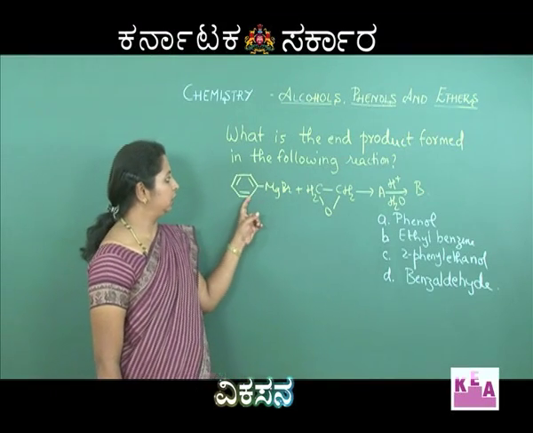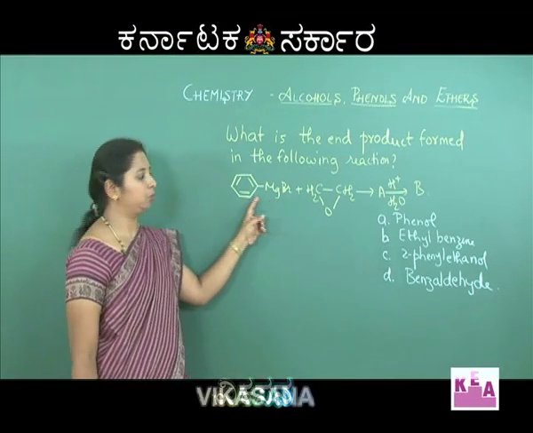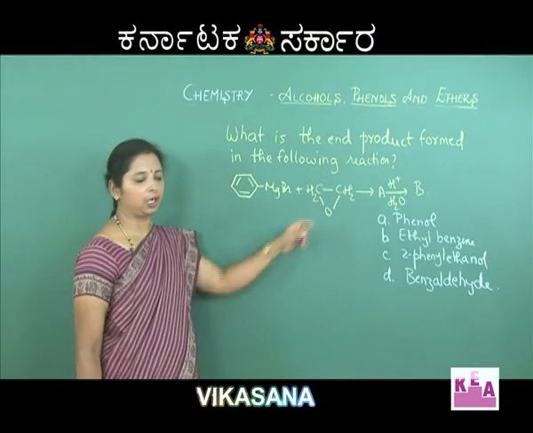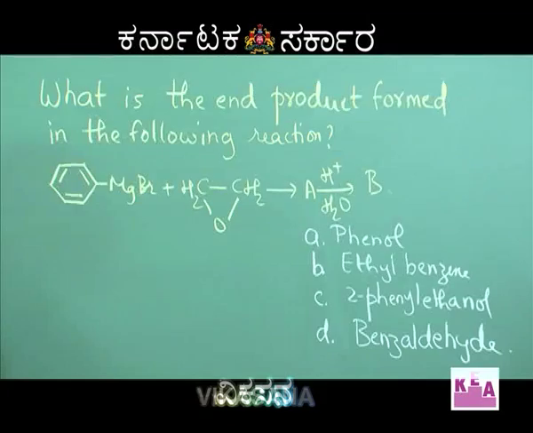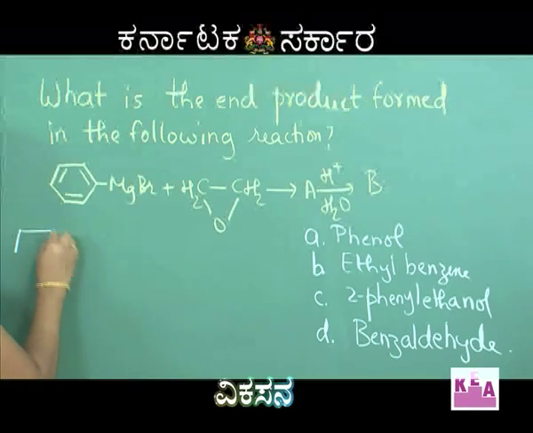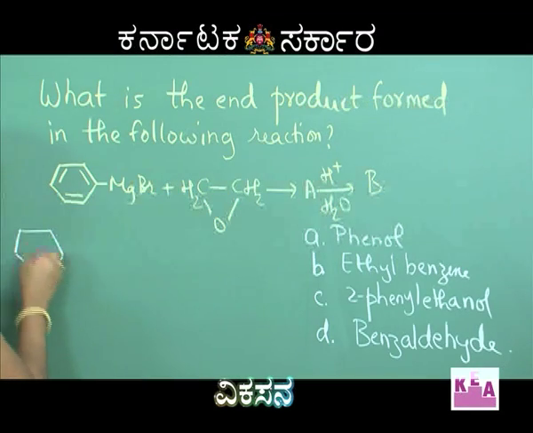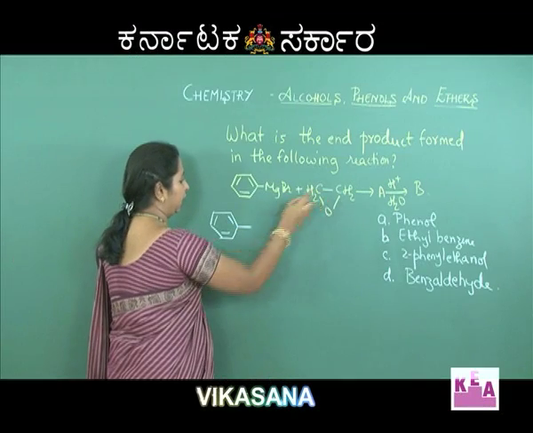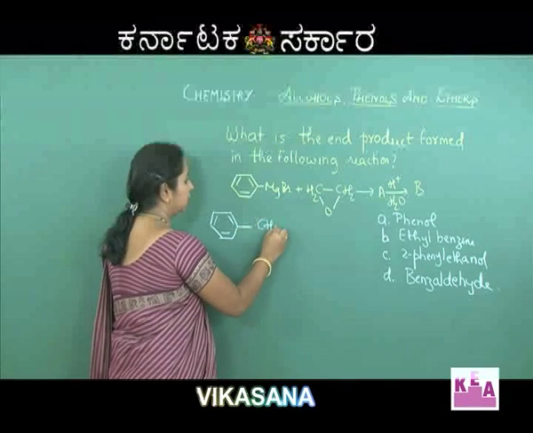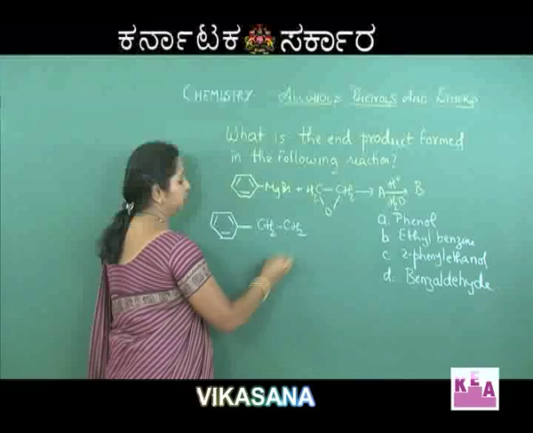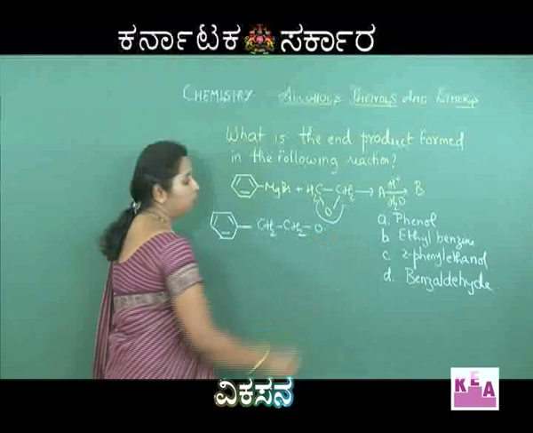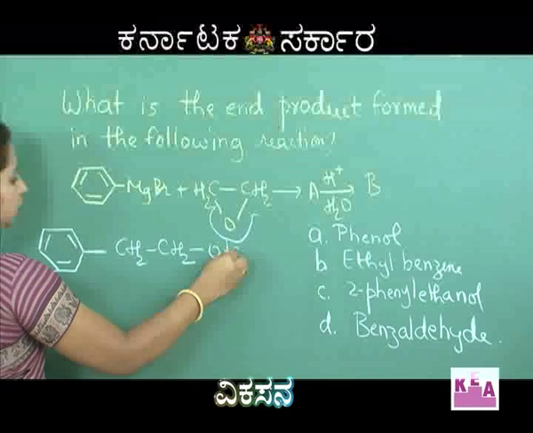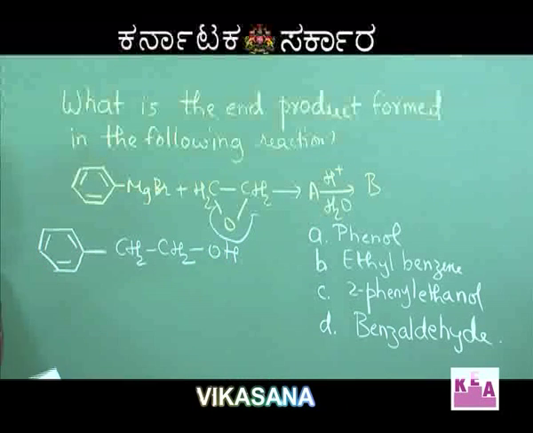We know that the phenyl magnesium bromide will attack this carbon atom, and therefore the opening of the ring takes place. So we have the phenyl group attacking this carbon to form CH2, CH2, and opening of the ring takes place to form O, which on hydrolysis will form OH.